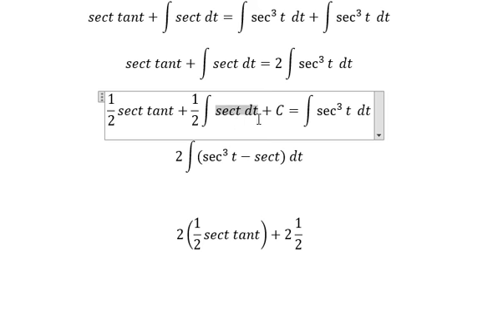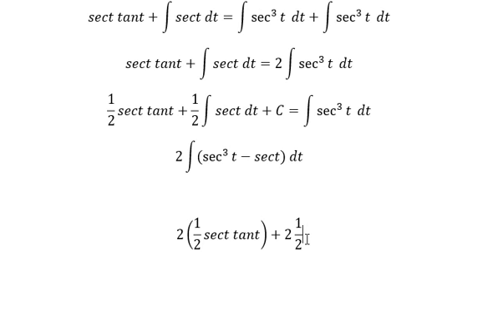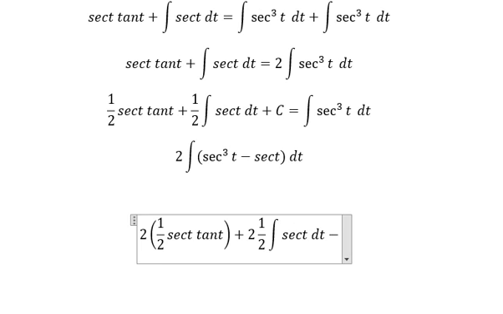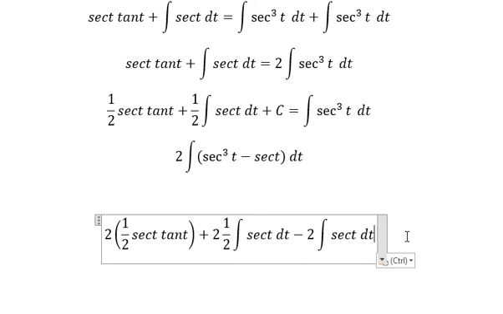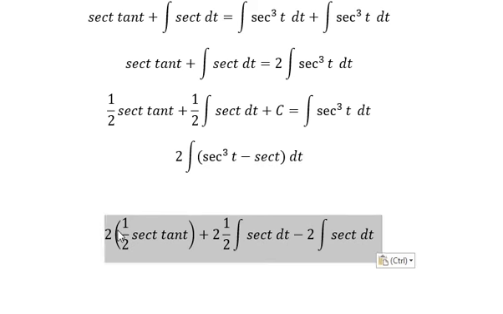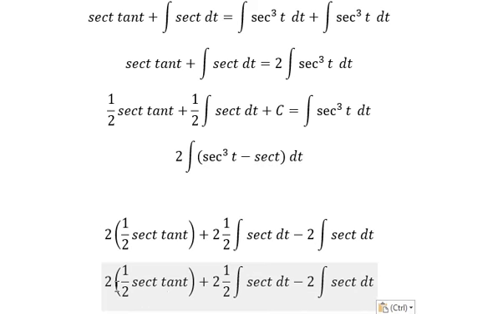This integration minus we have 2 multiplied by the integral of secant t dt. So 2 with 1 over 2, you get 1.